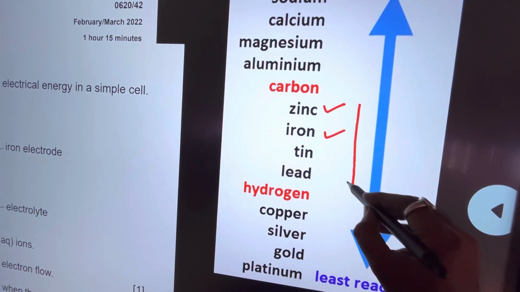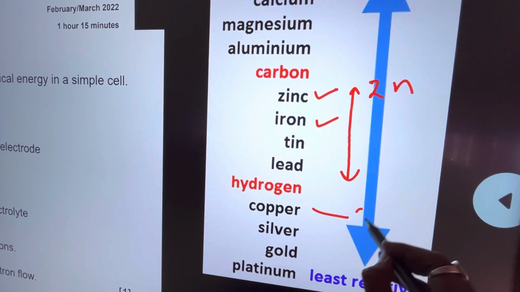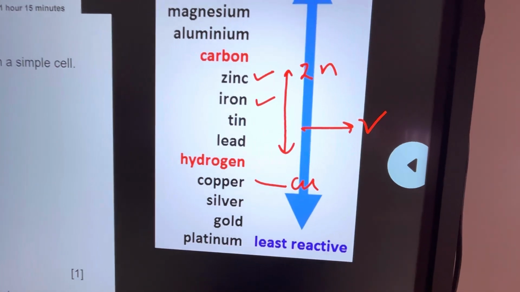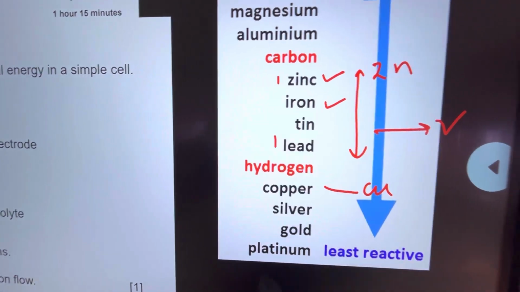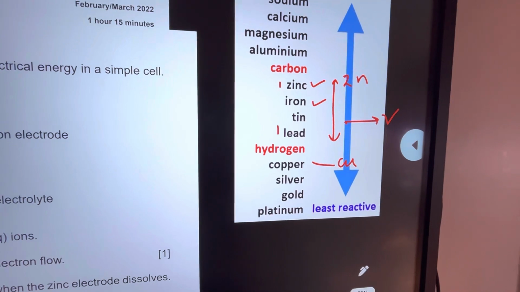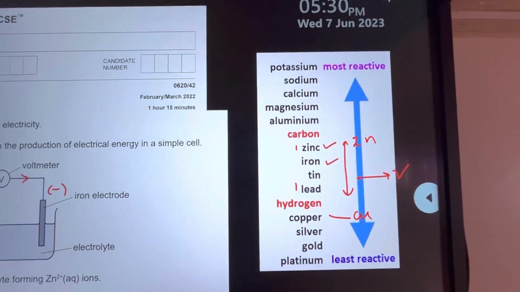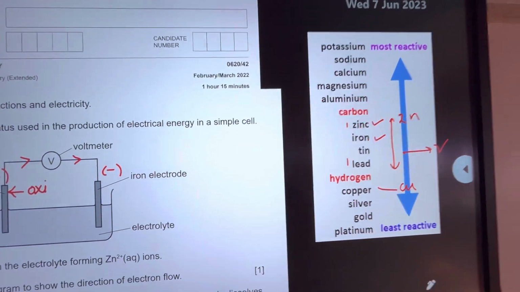If the distance between two elements is more, suppose you take zinc and copper, the voltmeter will show a maximum reading. If you decrease the distance, if you take zinc and lead, the voltmeter will show a smaller reading. This is one trick you can remember: if you want a higher reading on the voltmeter, you should have more distance in the reactivity series.